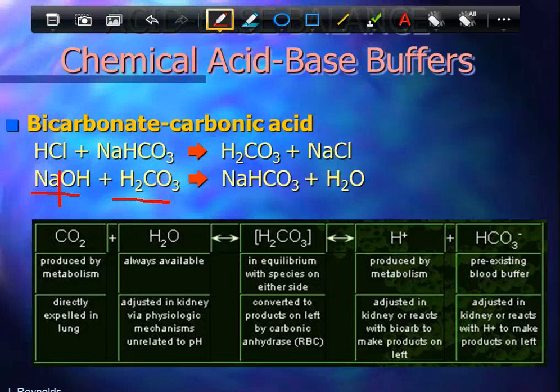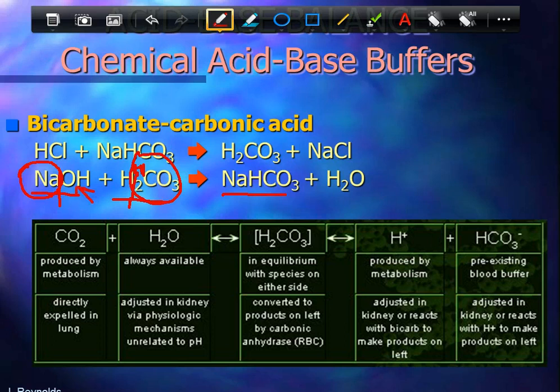Ionic bond breaks. The ionic bond here between the two H's breaks. This sodium is going to react with the remaining H, CO3, and it becomes this weak base.